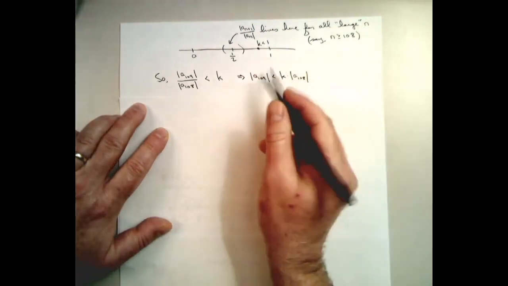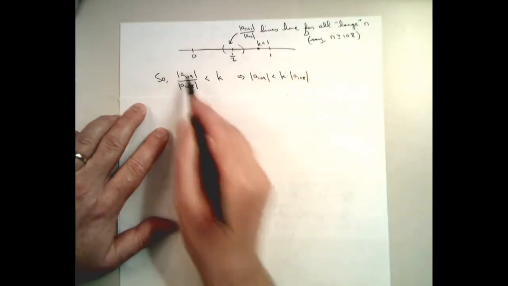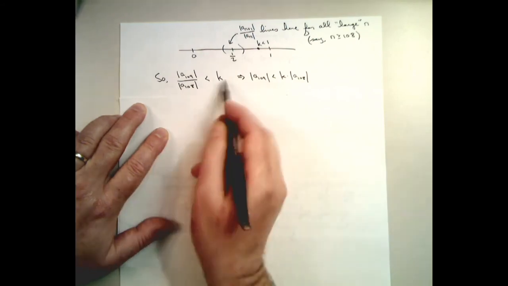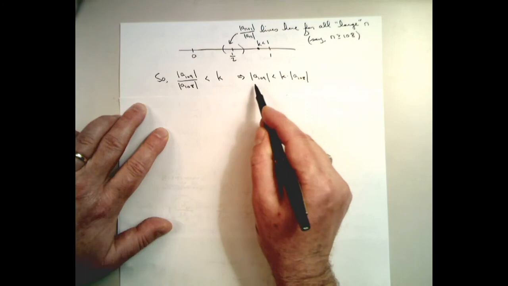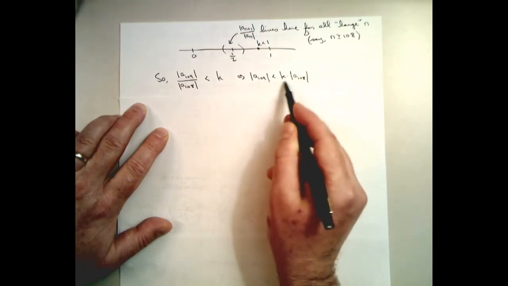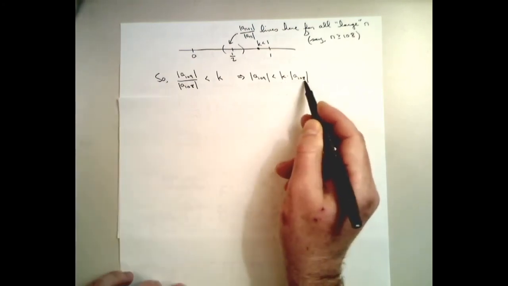Another way of stating that, multiplying by a sub 108 on both sides, is that the 109th term is less than k times the 108th term.